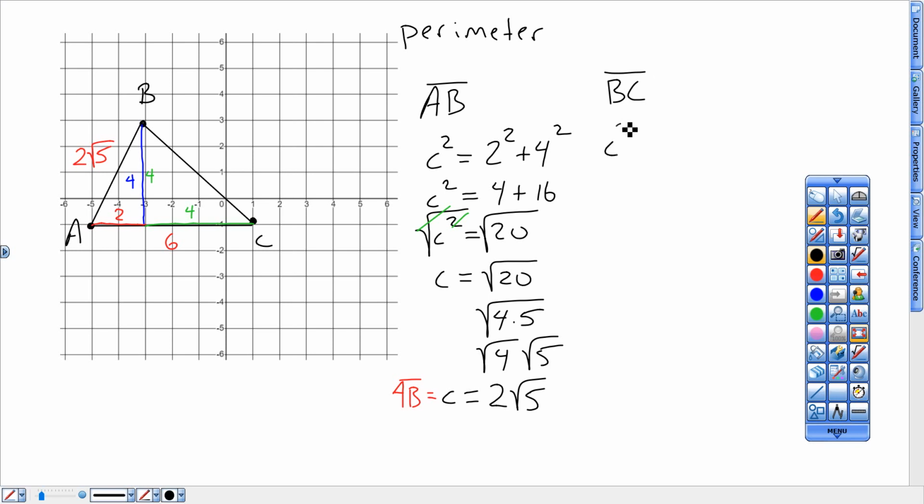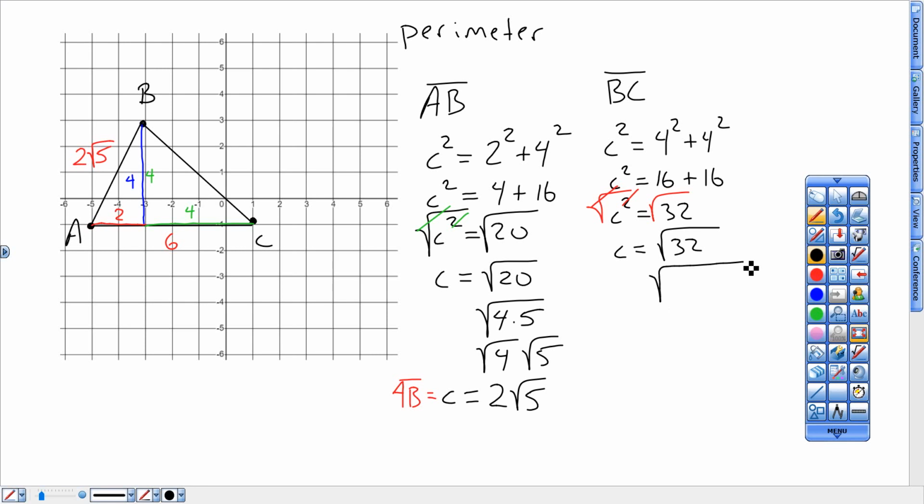That gives me C squared equals 4 squared plus 4 squared. That's C squared equals 16 plus 16. C squared equals 32. Square root both sides, which is the inverse operation of squaring. Square root makes these cancel, leaves me just C. And then that 32, that's the tricky one. 32, you want to go big.